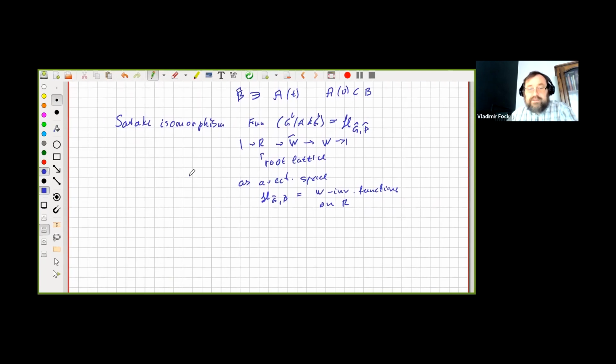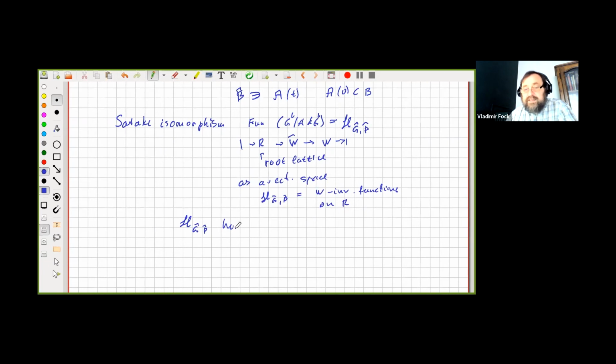Or, well, the Hecke algebra has a natural basis. In fact, there are bases in the two spaces. Here is a canonical basis: H of G hat, B hat has a basis, because it is just a space of functions on a discrete set.